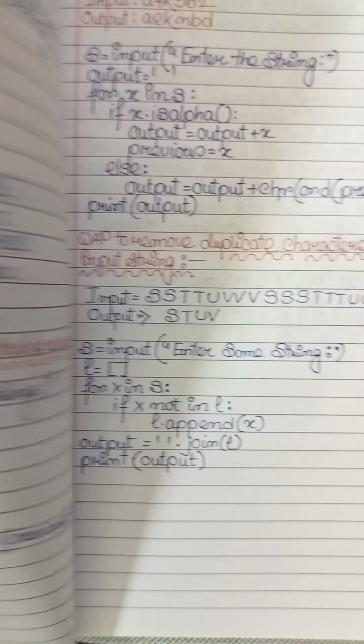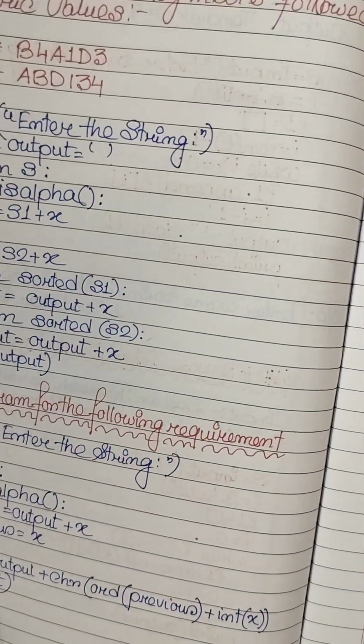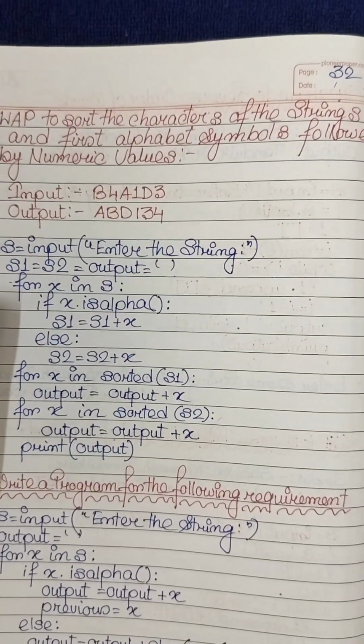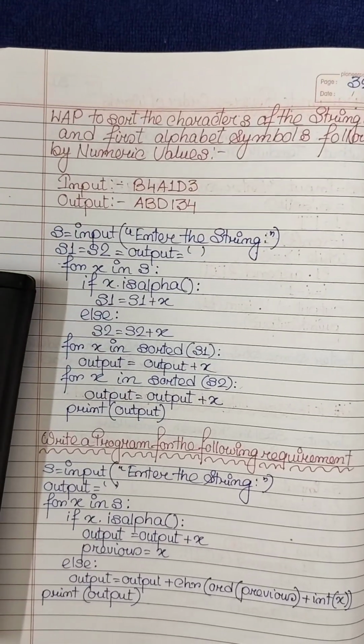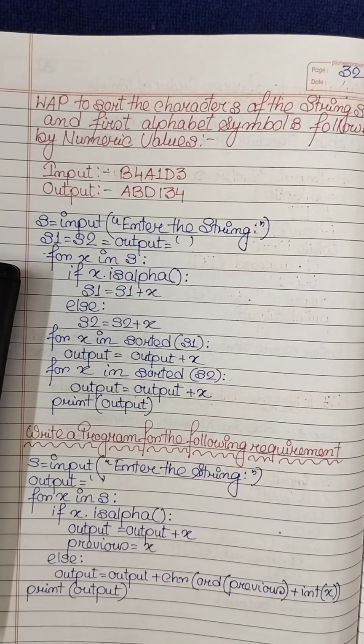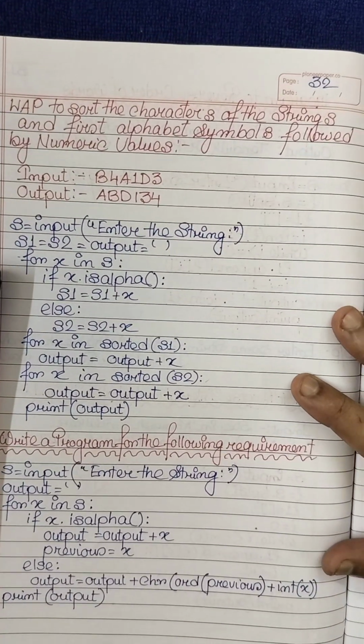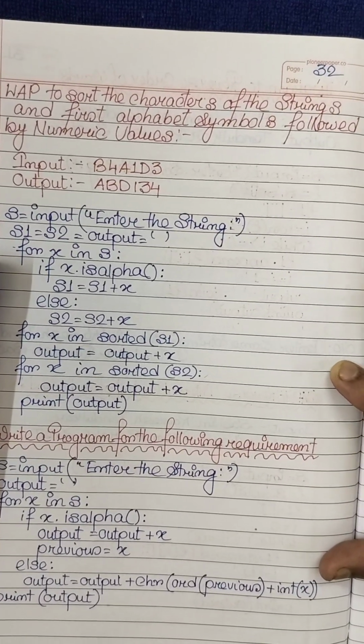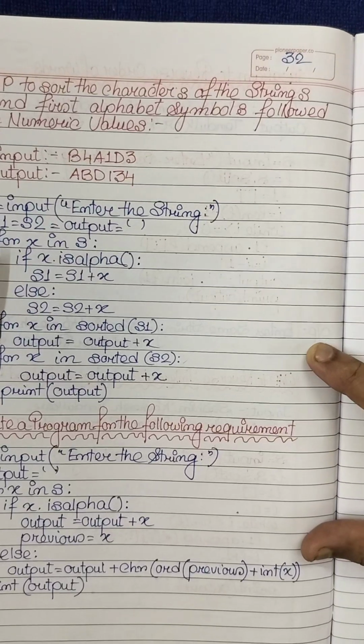Now the third example will be a program to sort the characters of the string, alphabets first, followed by the numeric values.